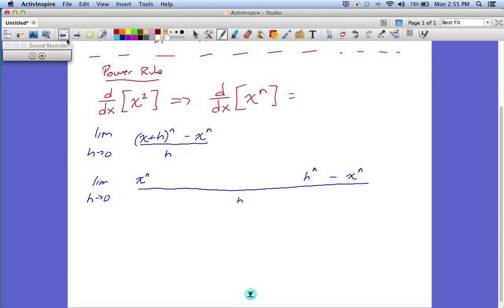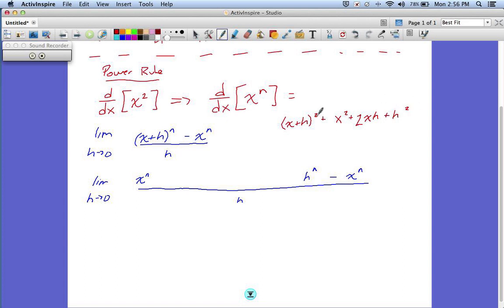So let's take a little sidebar here and let's discuss x plus h to the nth power. Well, let's say it's x plus h to the second power. That would be x squared plus 2xh plus h squared.